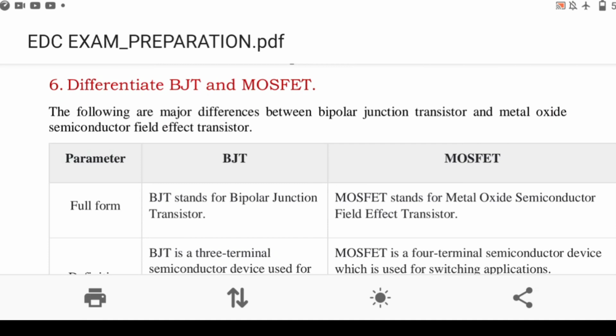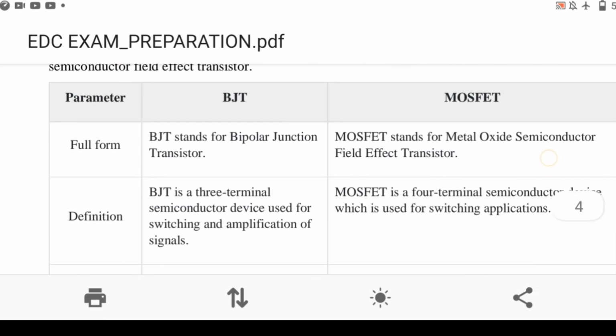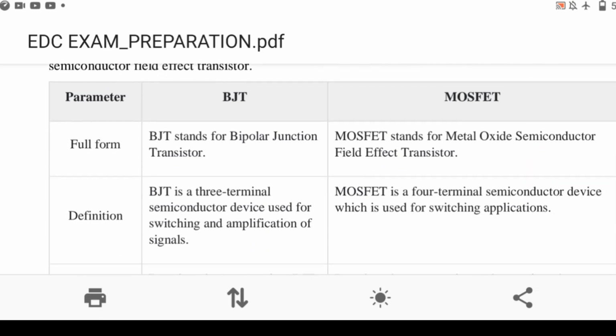You know that the BJT full form is bipolar junction transistor, whereas MOSFET stands for metal oxide semiconductor field effect transistor. M stands for metal, O stands for oxide, S stands for semiconductor, and FET means field effect transistor. Next, definition: BJT is a 3-terminal semiconductor device used for switching and amplification of signals.